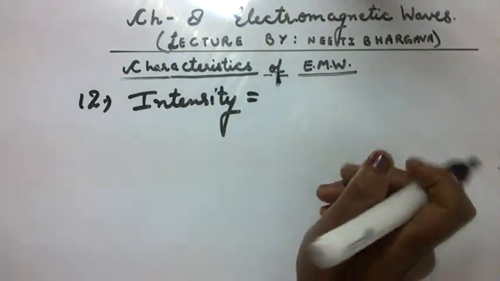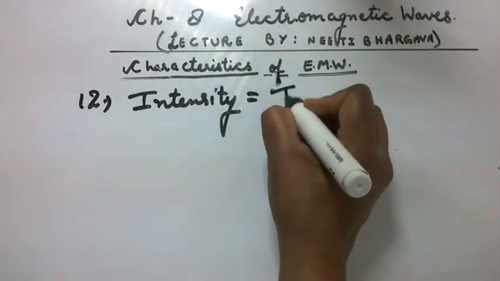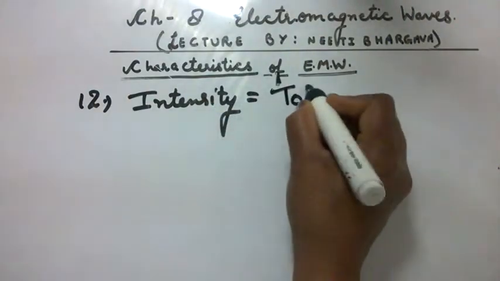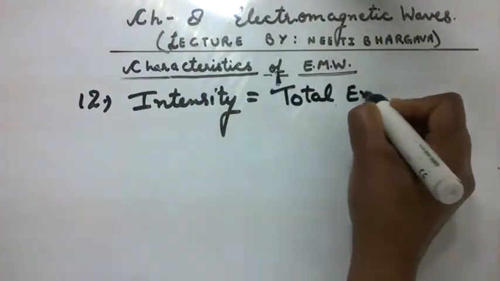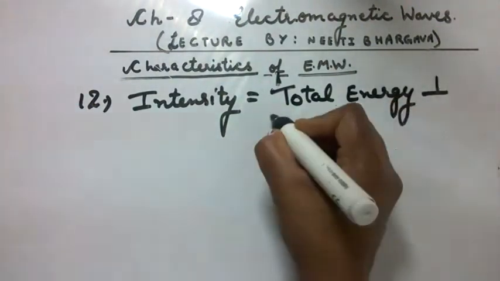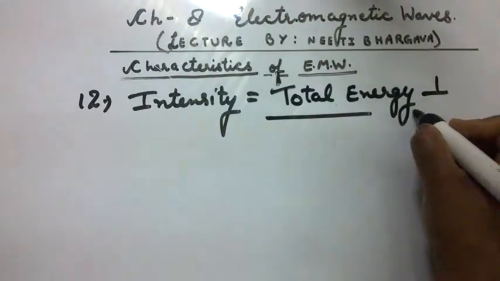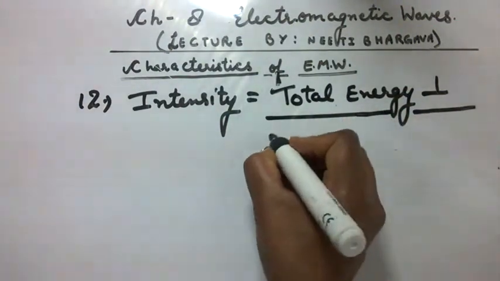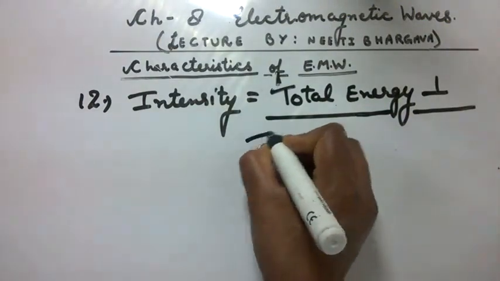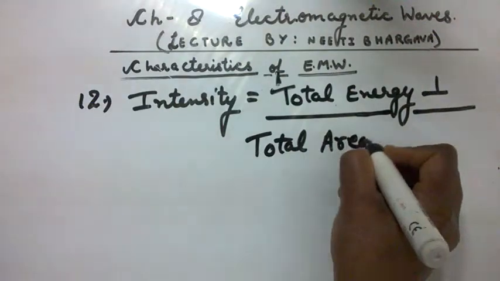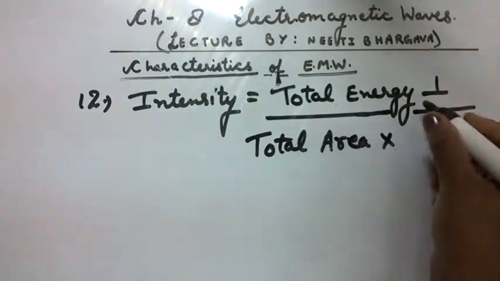That is, here we can calculate the total intensity of an electromagnetic wave, which is equal to the total energy passing perpendicular to the surface per unit area per unit time.